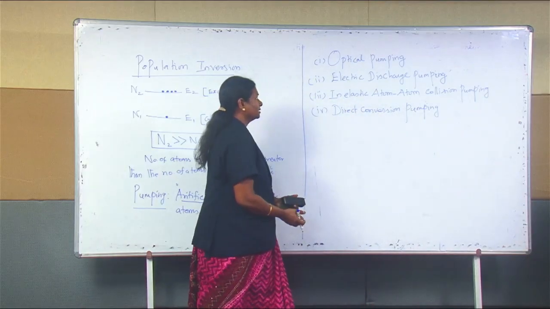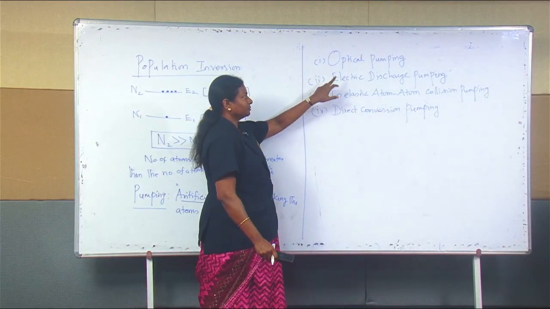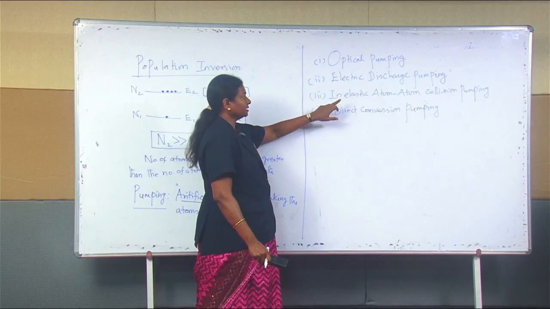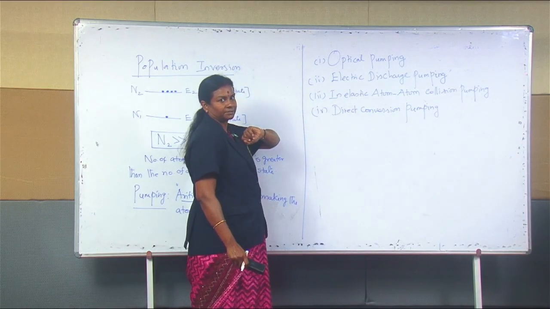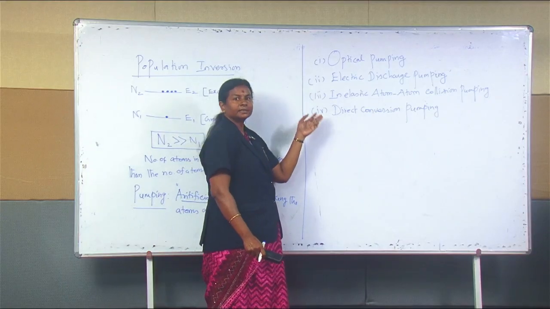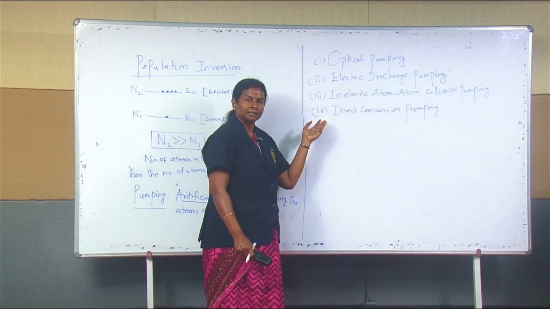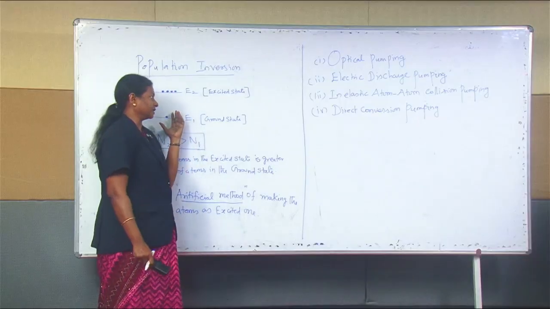Once again, I will read these topics: optical pumping, electric discharge pumping, inelastic atom collision pumping, and direct conversion pumping. So, these are all the easily available pumping techniques to achieve the population inversion.